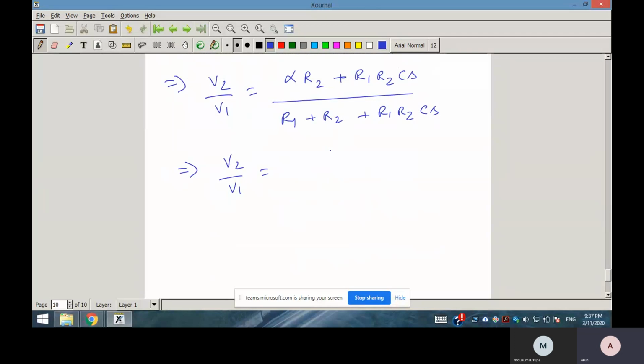Actually, I want to show that it is in the form of the lead controller transfer function, V2(S) by V1(S).